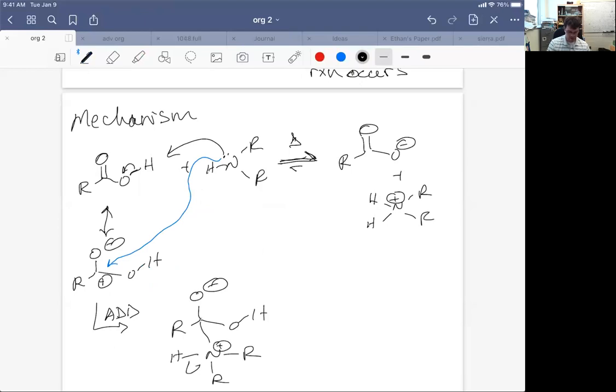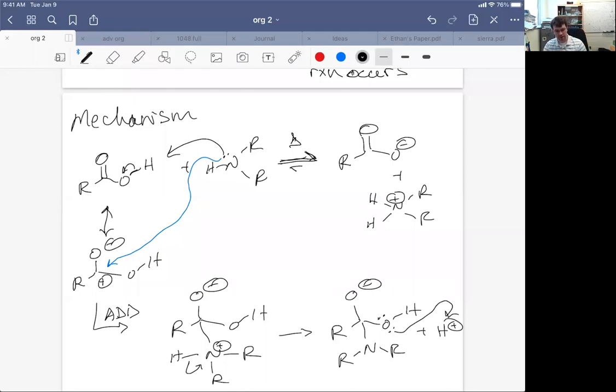Then we're likely going to lose the hydrogen off the nitrogen. Now the nitrogen is more basic, but we can have some equilibrium content where we protonate the oxygen or have some sort of hydrogen bonding interaction occur.